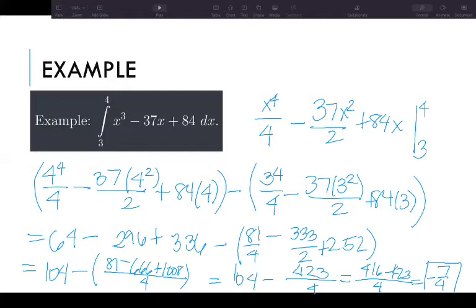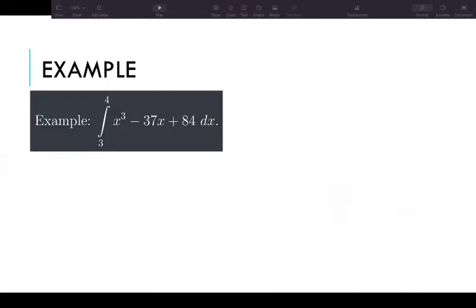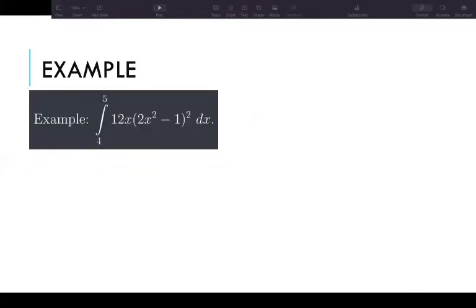Now for the next problem, what if we need to perform a U substitution? How will we be able to solve such a problem like this one?